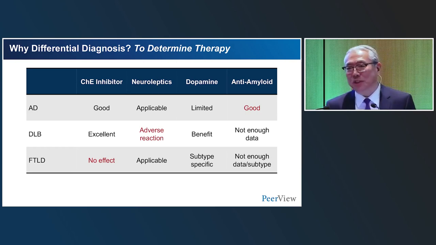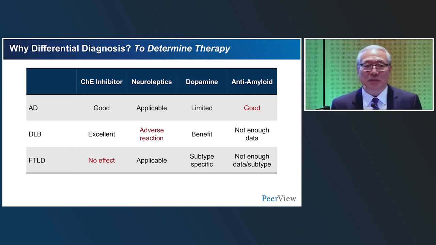So neurologists and treating providers like to know before treating a patient whether this is really Alzheimer's disease versus dementia with Lewy bodies. All of those differential diagnoses become very important because now therapies are available, and we try to triage patients to the right therapy.